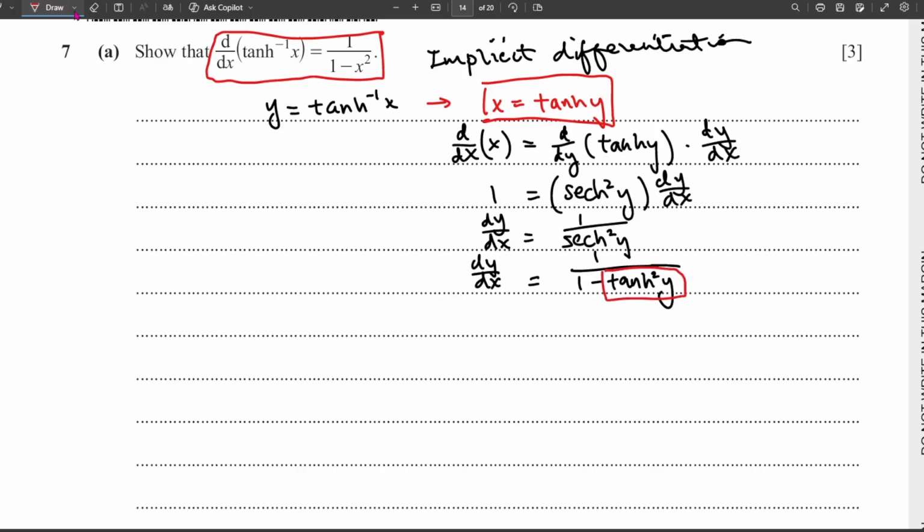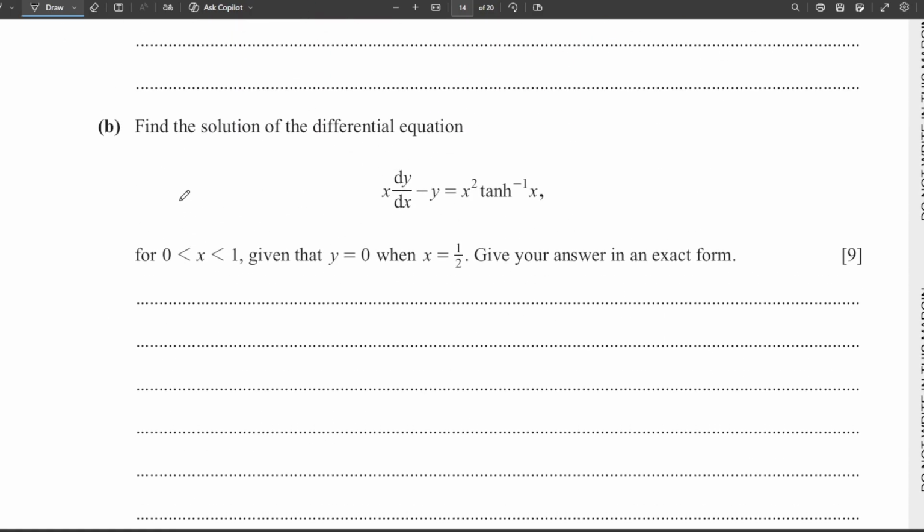So we can replace this with 1 over 1 minus x squared. This is the end of our derivation, and we can write that this is shown, it's exactly the same. We'll move on to the second part.